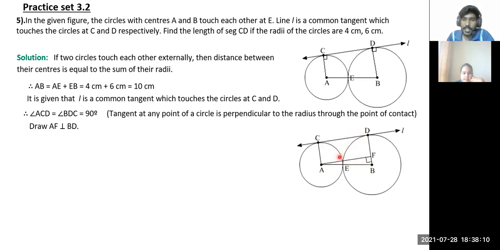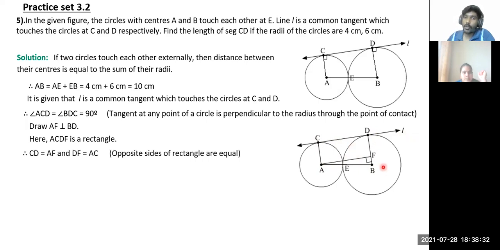You see this becomes a rectangle once you draw AF perpendicular to BD. Now ACDF is a rectangle. Is this clear? What we have done is a construction and then it became a rectangle. Yes? Okay.